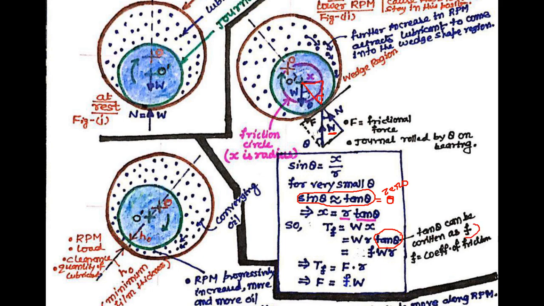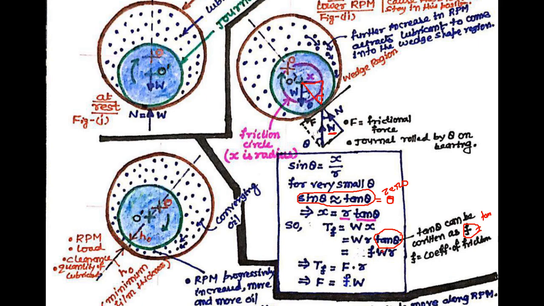Now this tan theta can be replaced by the coefficient of friction f, because you know that the coefficient of friction f is tan of some angle, and that angle is called the friction angle. So here we have replaced tan theta by f, assuming that theta is the angle of friction.